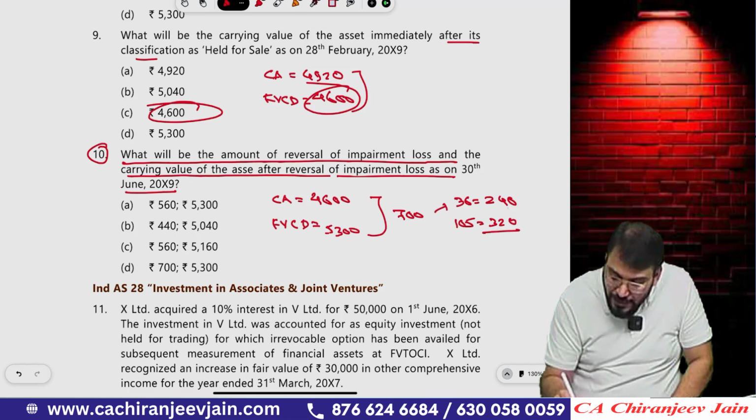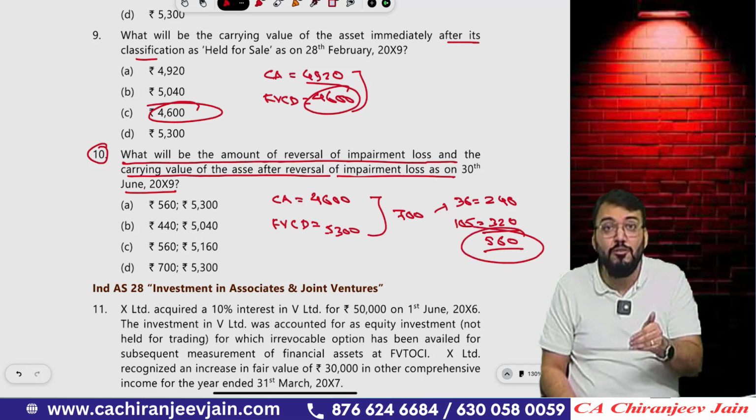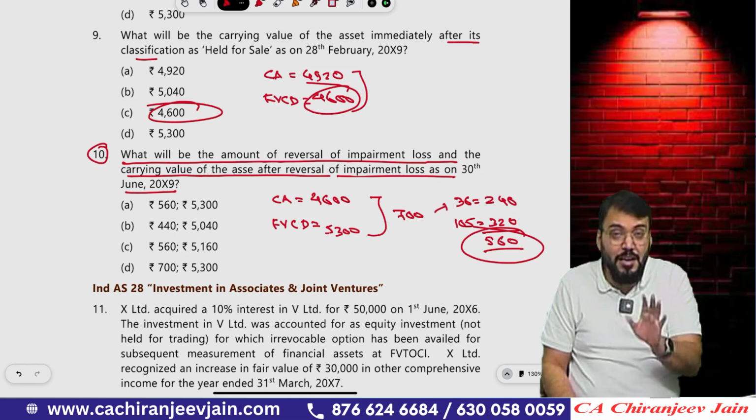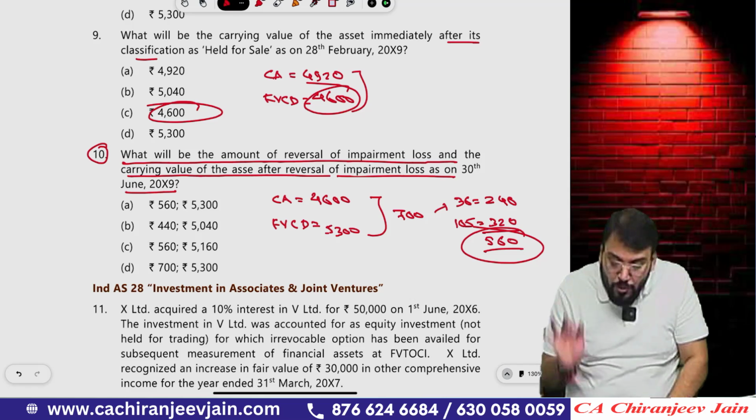So the total is 560. Means we can reverse, but only to the extent of 560. We cannot reverse more than this.